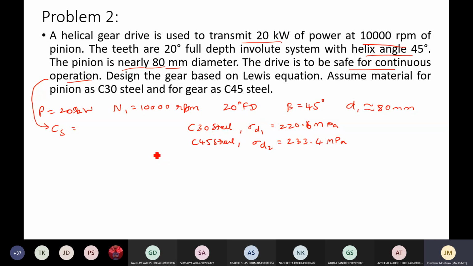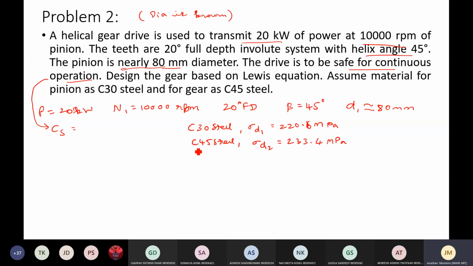Now here in this problem, it is nearly 80 mm diameter, but there is no mention of the number of teeth, either on pinion or gear. So this is a problem where diameter is known. Some reference is given, though it is not saying exactly equal to 80 mm, it's saying nearly 80 mm diameter, but you have some reference to start with.